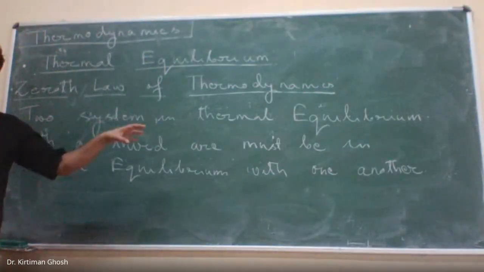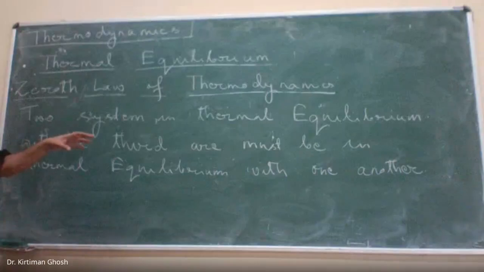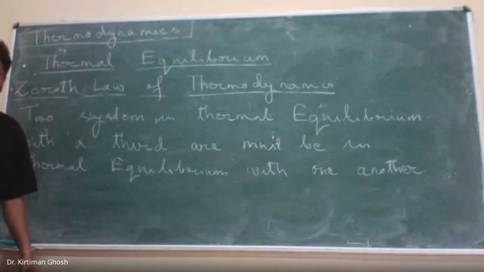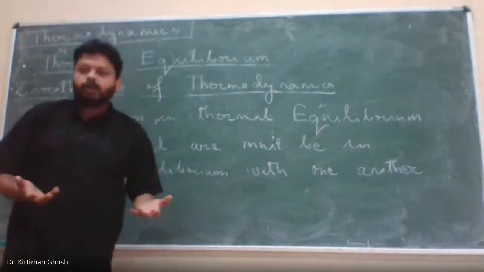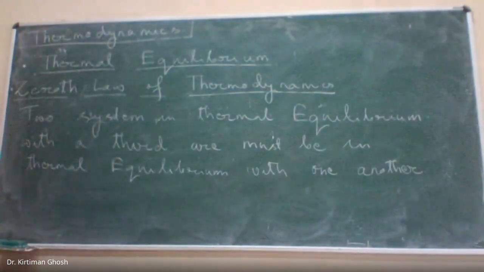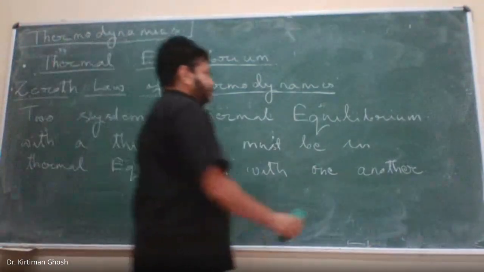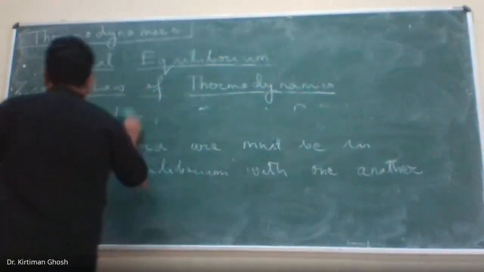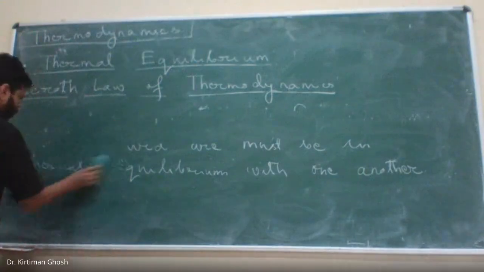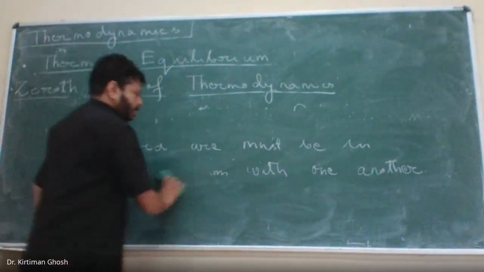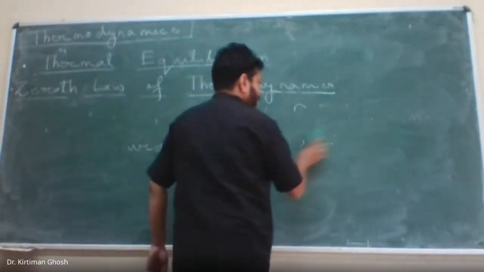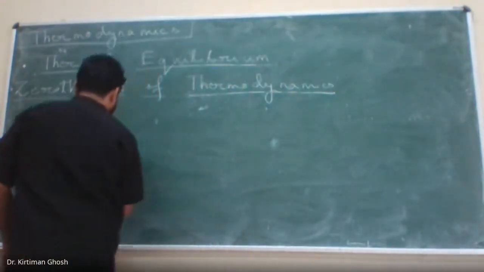Then I can say that these two different objects are in thermal equilibrium with one another. So they have something in common. That thing we now know is temperature, but we'll come to the conception of temperature slowly. So this is a very important law to understand what temperature is and how we can measure temperatures. This is the zeroth law of thermodynamics, and it will give us an idea of temperature and how to measure it.